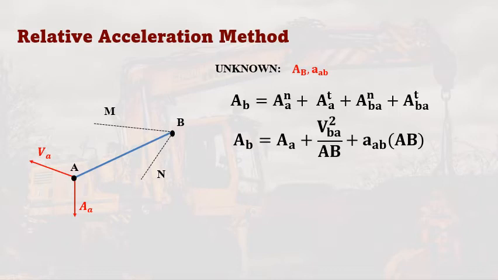So the acceleration of A is just the normal component of A plus the tangential component of A. Plus the normal component of the acceleration of B relative to A, which can be written in this form based on our previous formula: the velocity of B relative to A squared divided by the length of the link AB. Then finally, we add the tangential component of the acceleration of B relative to A, which is denoted by this formula: alpha, or angular acceleration of AB, multiplied by the length AB.